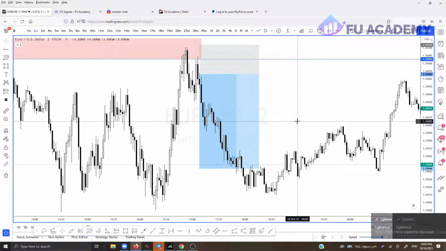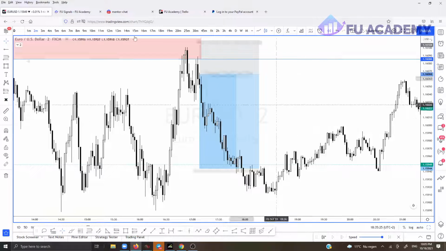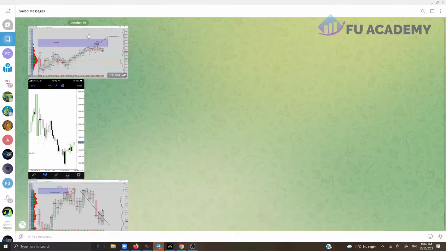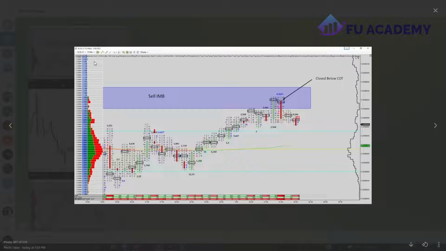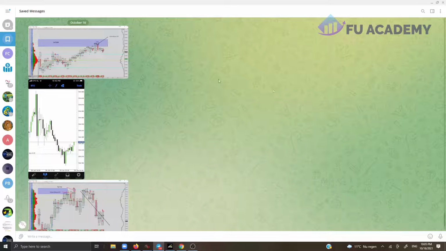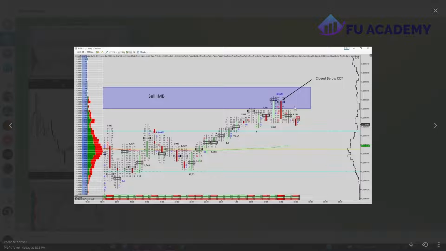So yes guys, this is the one I wanted to discuss, and I have a few examples of the same thing. See, there was a sell imbalance, a stacked imbalance, the price came here, and what we saw again was caught at the top, the buyers, blue ratio, and the price dropped.